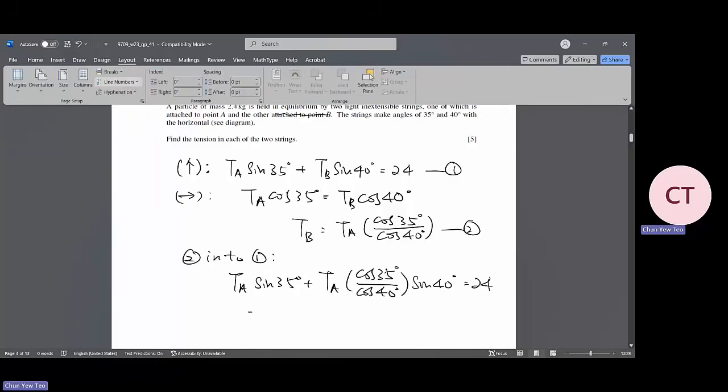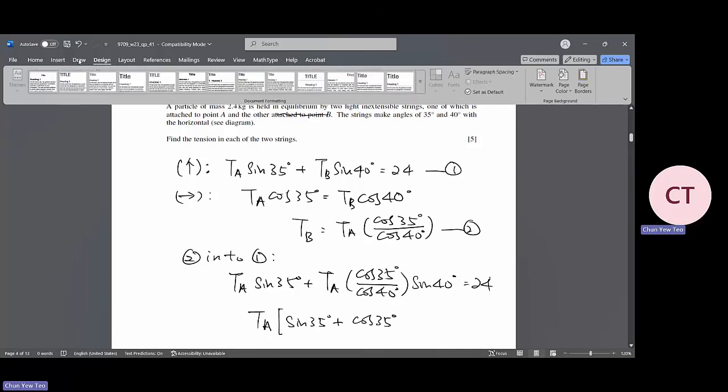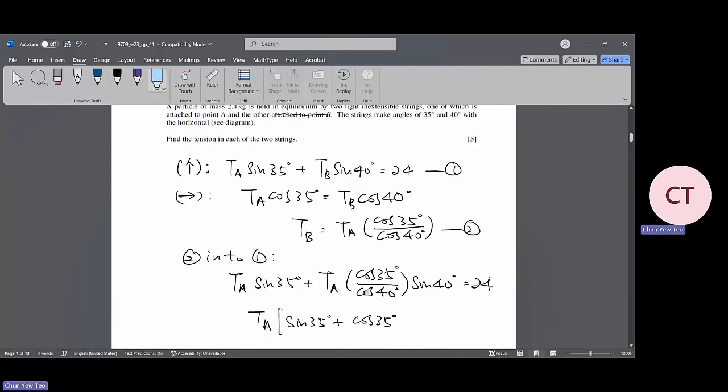If you factorize TA out, you get sine 35 plus cos 35 tangent 40. I would like to combine these two into tangent 40.